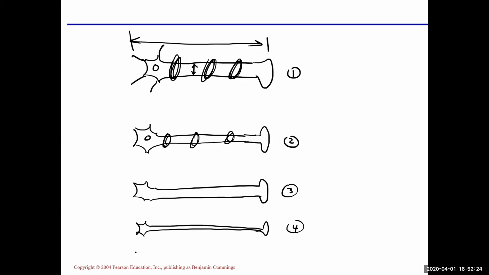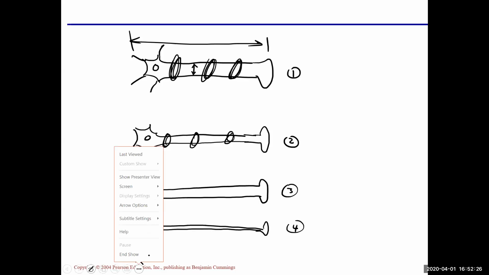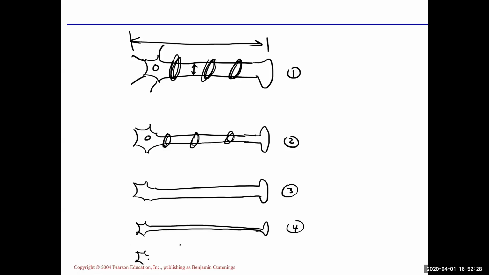And let's put number 5. Number 5 has the same diameter as number 4, but they're actually 2 neurons. If you measure these 2 neuron lengths together, it is going to be equivalent to the same length as the top ones.